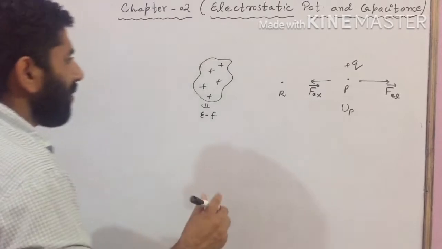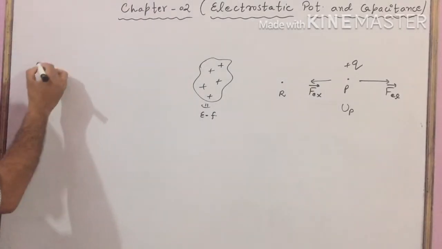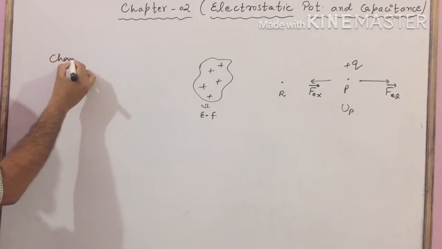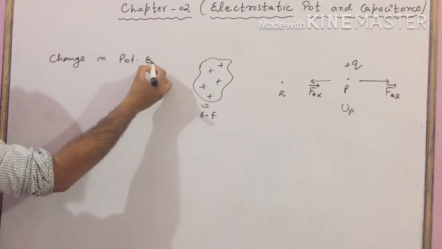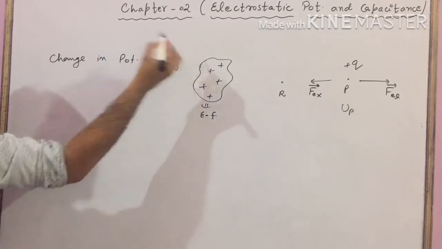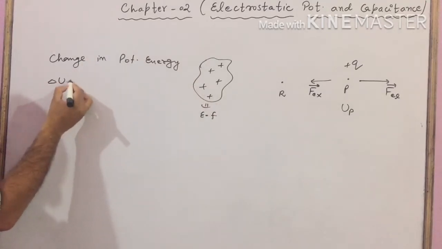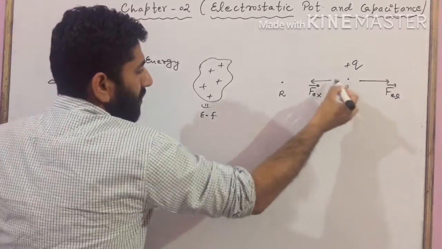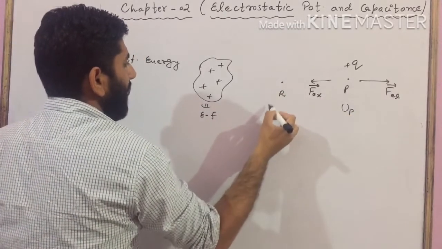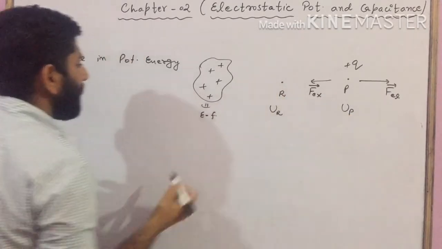So what will be the change in potential energy in that case? The change in potential energy, delta U, can be written as: suppose potential energy at point P is UP and potential energy at point R is UR.